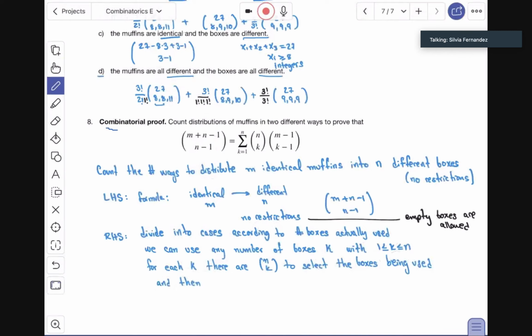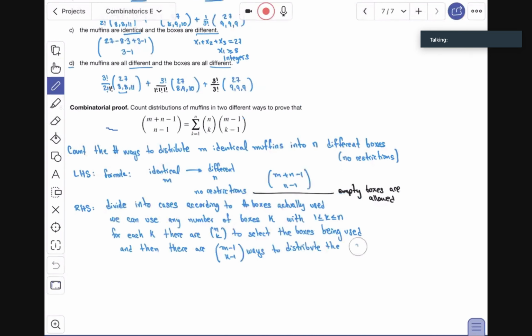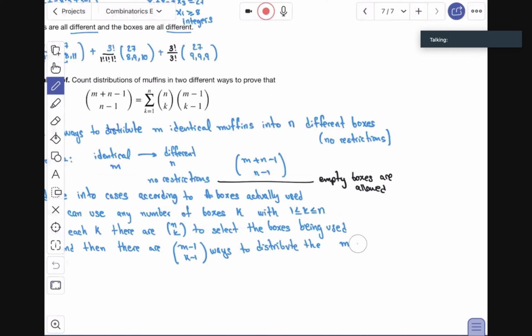And then there are m minus 1 choose k minus 1 ways to distribute the m identical muffins into those, not n, but k different boxes.